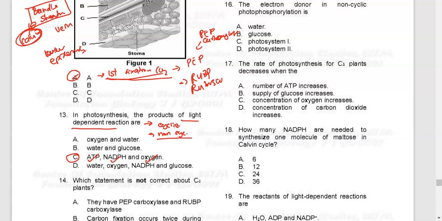For non-cyclic photophosphorylation, it involves the production of ATP, NADPH and oxygen. So oxygen, as you know, is the byproduct of photosynthesis that takes place during the light-dependent reaction.